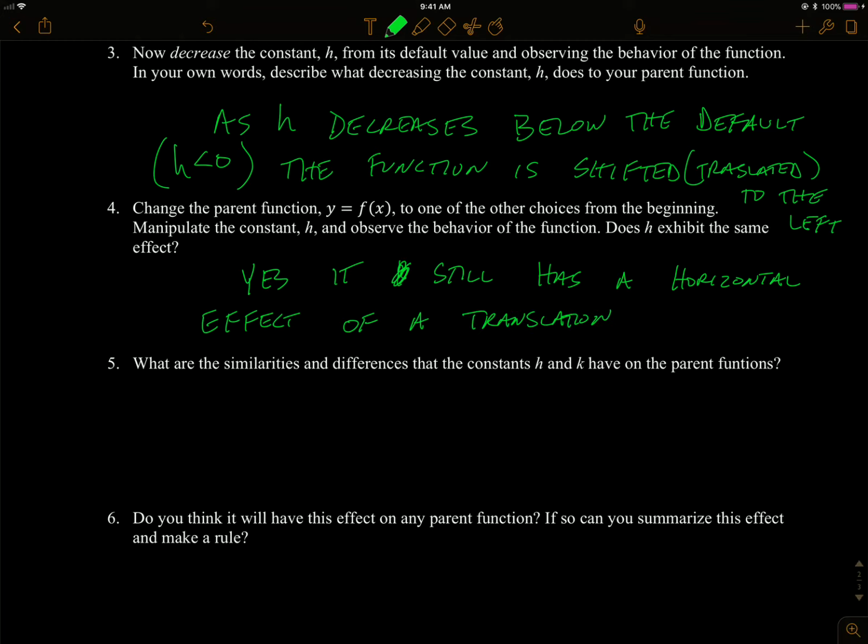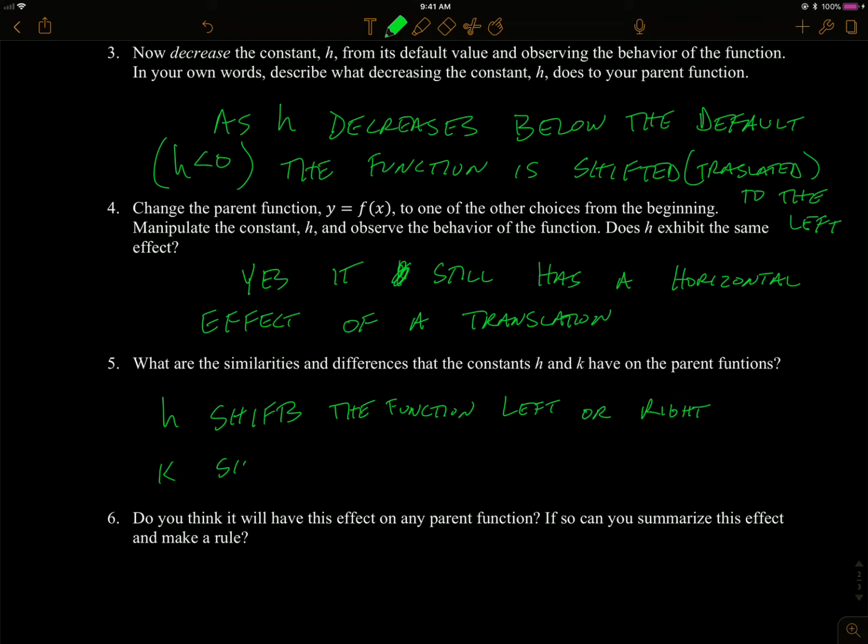What are the similarities and differences that the constants h and k have on the parent functions? So h shifts the function left or right.